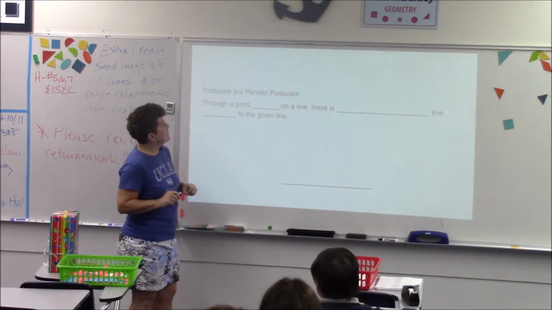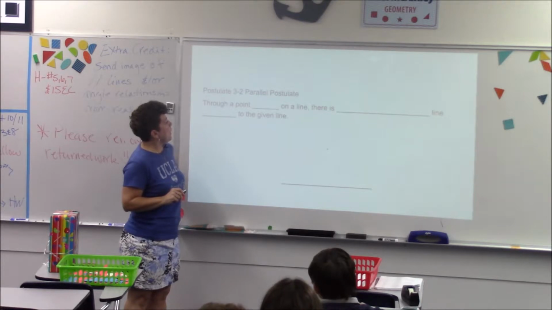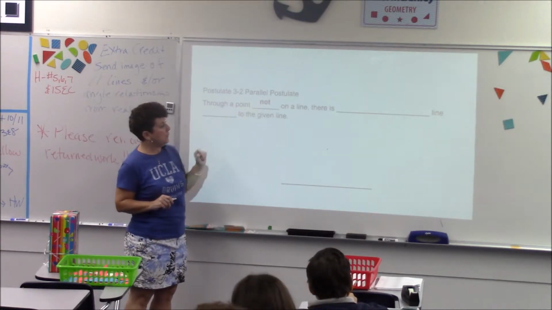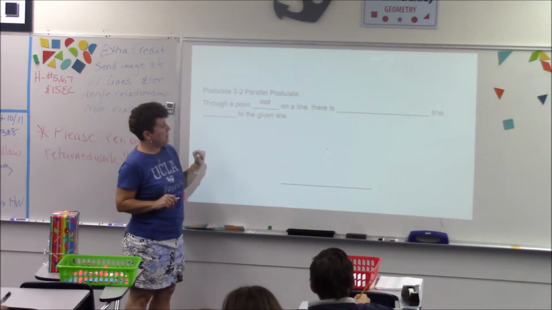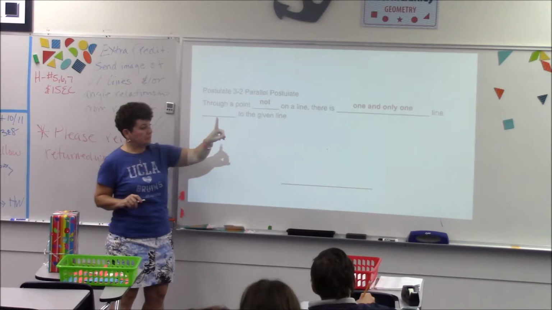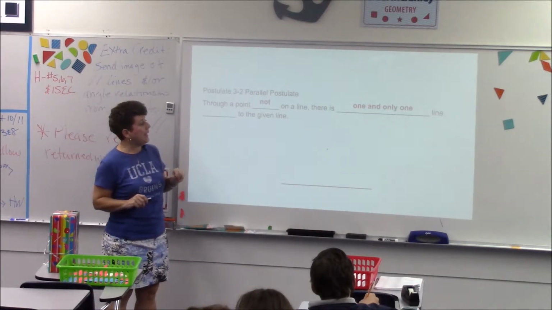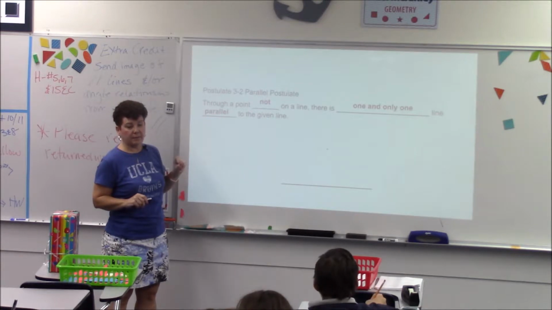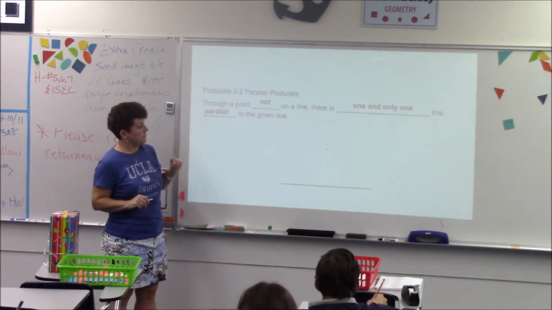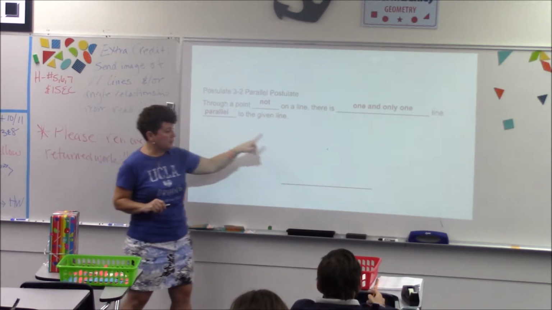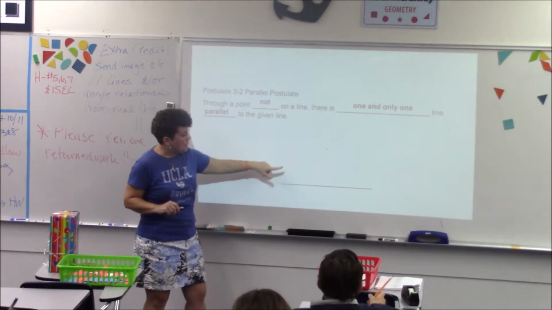So 3-2 postulate says, through a point not on a line, there is one and only one line that is parallel to that given line. Now, looking at the picture, we have a point.